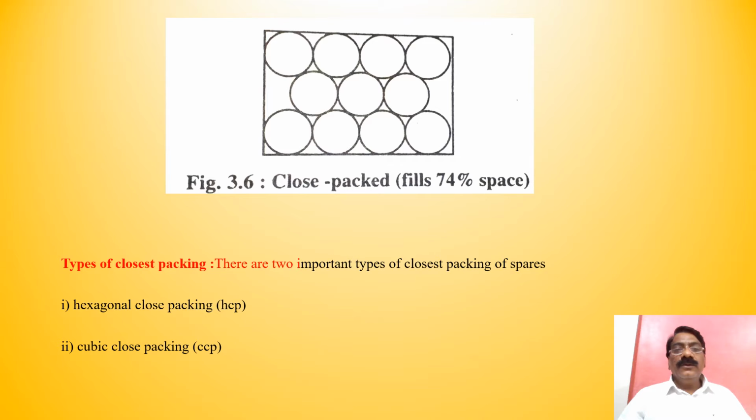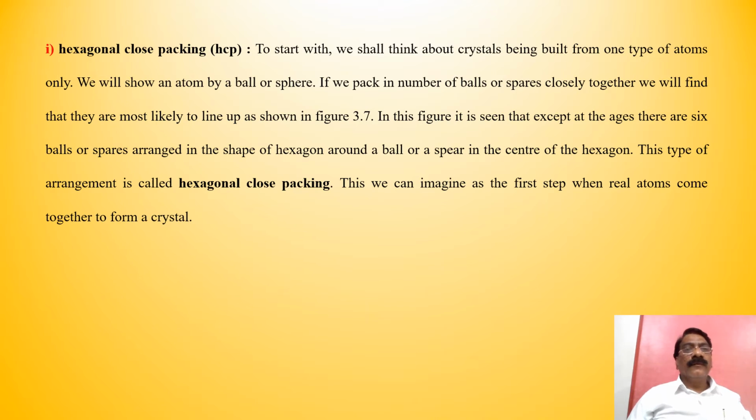There are two important types of closest packing of spheres. First, hexagonal close packing, HCP, and second, cubic close packing, CCP.